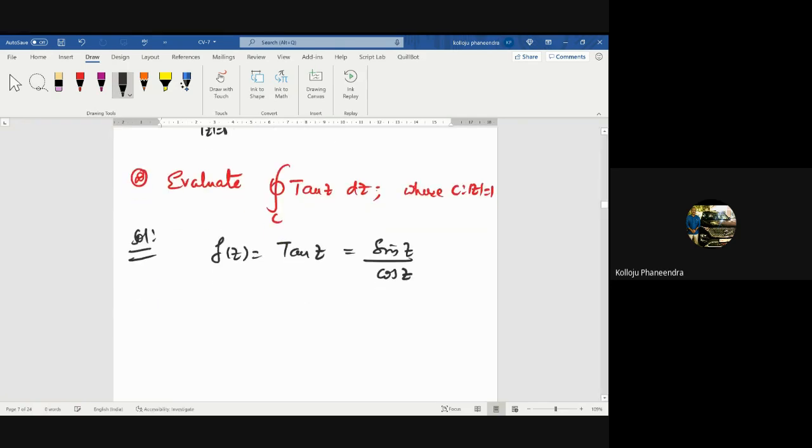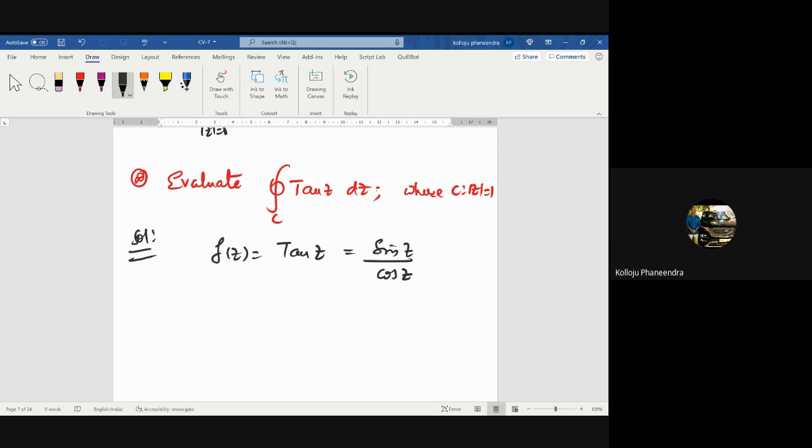All of you know this logic theory. If f of z is differentiable, it means it is continuous. Every differentiable function is continuous. Only if a function is continuous may it be differentiable. Remember this point. That means the derivative may exist or may not exist.